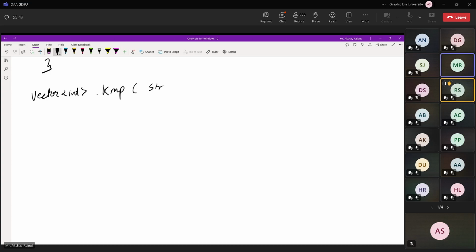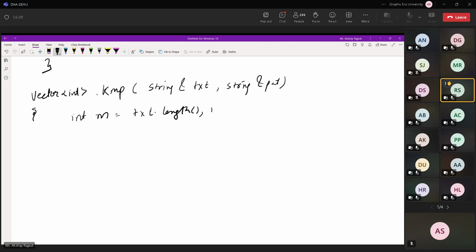We have string ampersand text. We can call by reference, but we are not going to make any changes, so we can also call it normally. Now int m equals text dot length, n equals pattern dot length.